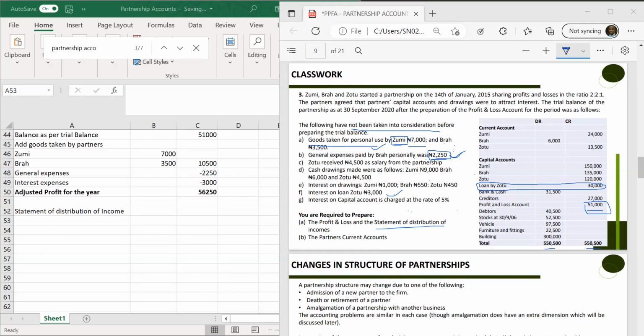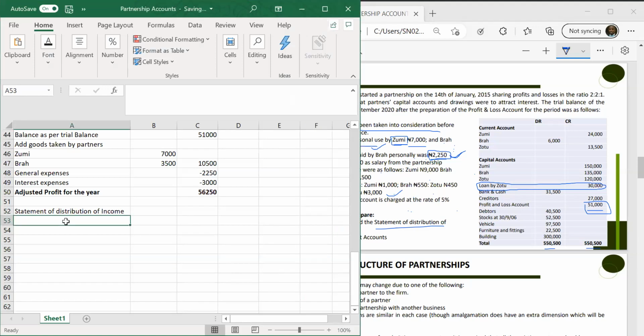So let's start with net profit. Profit for the year: $56,250.